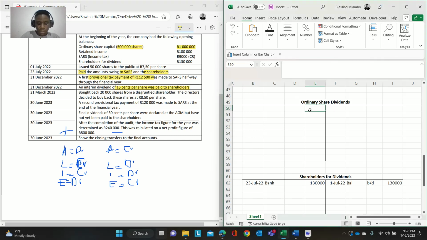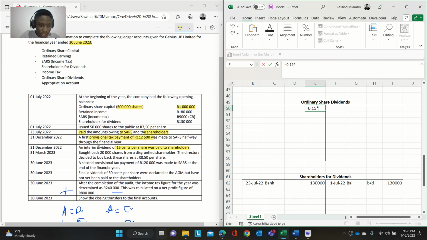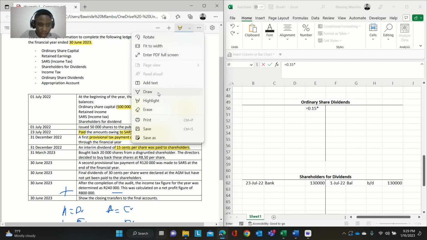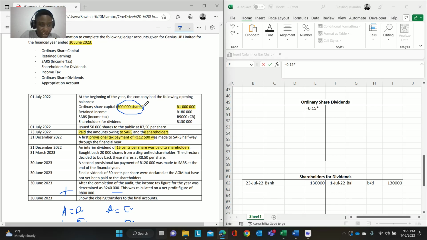So we're going to debit this account by 15 cents times the number of shares that were in issue on that date. The number of shares in issue is the 500,000 shares at the beginning, plus the 550,000 shares we issued on the 1st of July 2022.